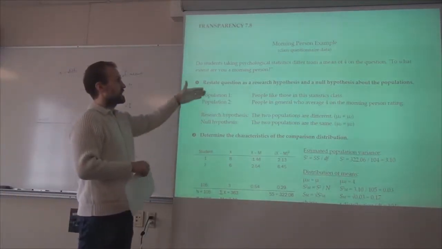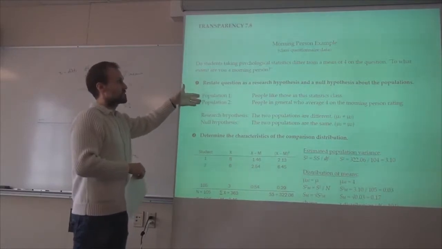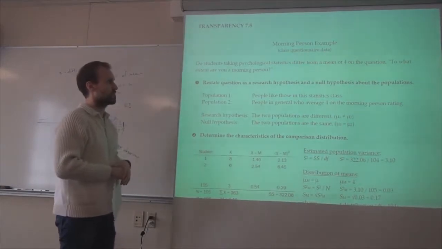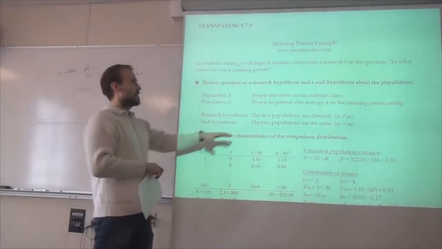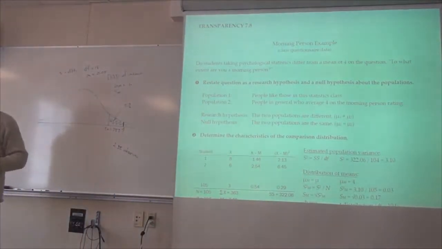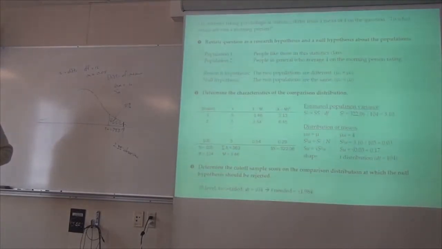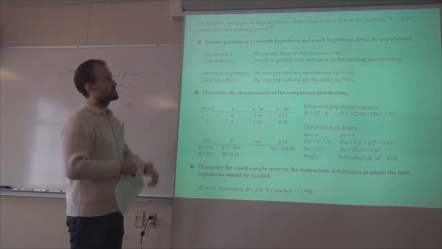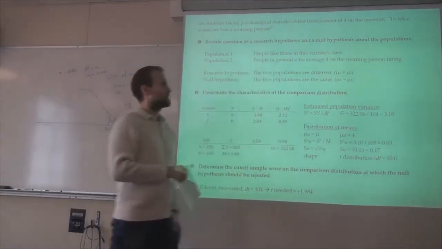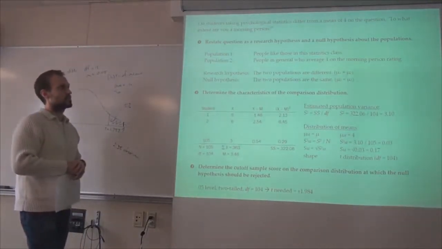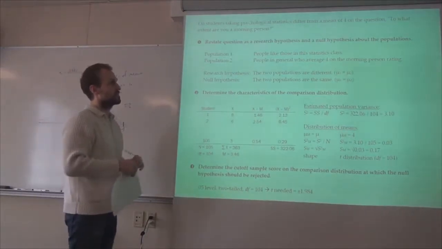So I look at the population of people in the class versus the population of everyone else that has an average of 4. I'm trying to see, is our class different from the population in general? I know that on average people rate this question with a 4, whatever the scale may be, and I just want to see if it's different from a 4. Is our class different from that population-wide average of 4?